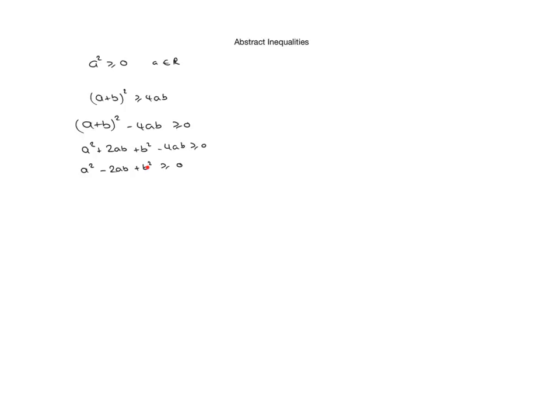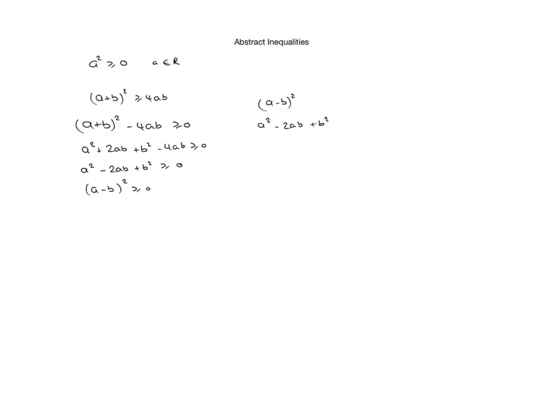So it's pretty much the same, except instead of (a plus b) all squared, it's going to be (a minus b) all squared. Let's double check that. (a minus b) all squared is a squared minus 2ab plus b squared, and it's plus b squared because it's minus b times minus b.